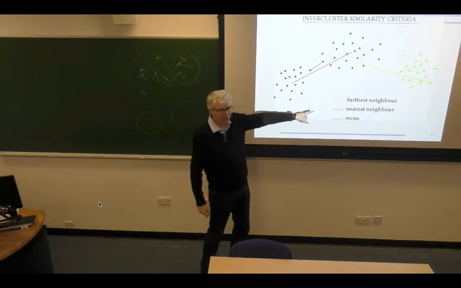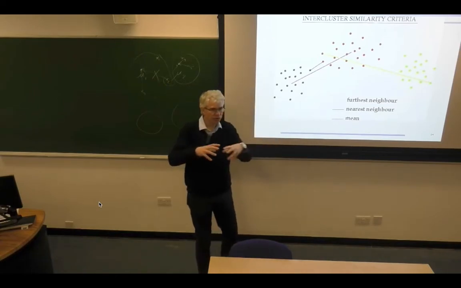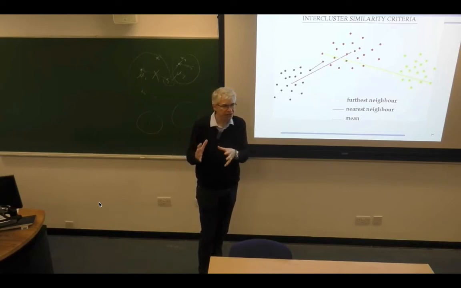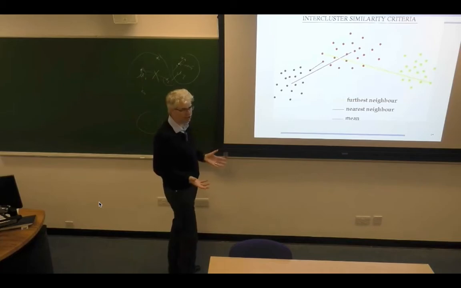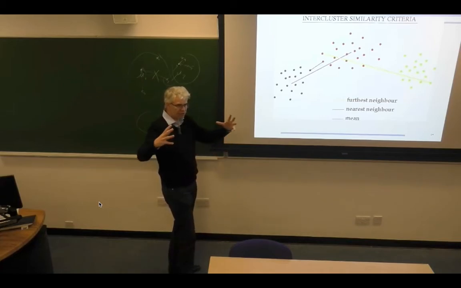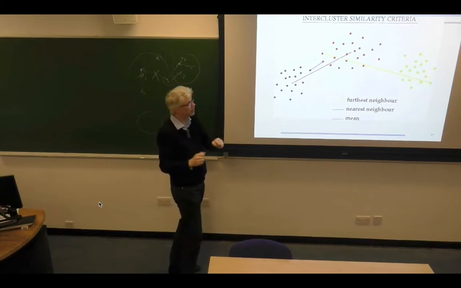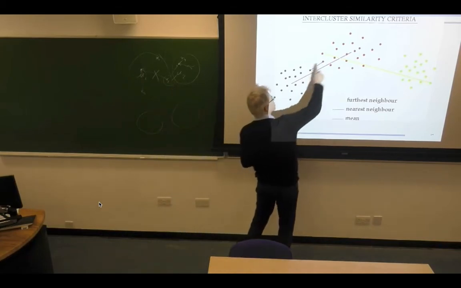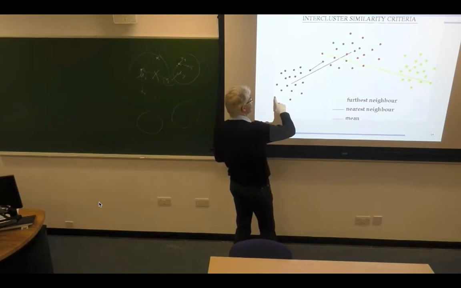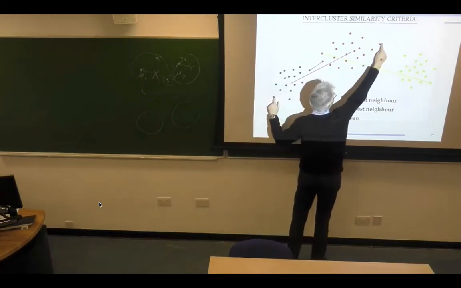An alternative that you can do is that maybe you want your eventual clusters to be as compact as possible. So what you want is that the merged clusters need to be within a smallest volume. So if we merged this cluster and this cluster, the furthest neighbor would be this point to this point.